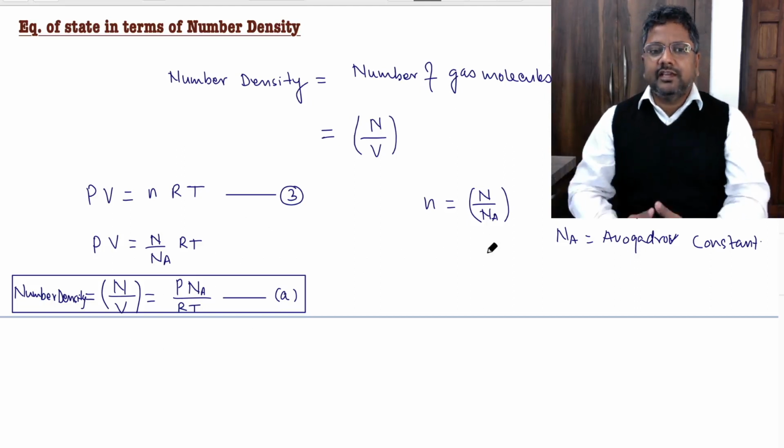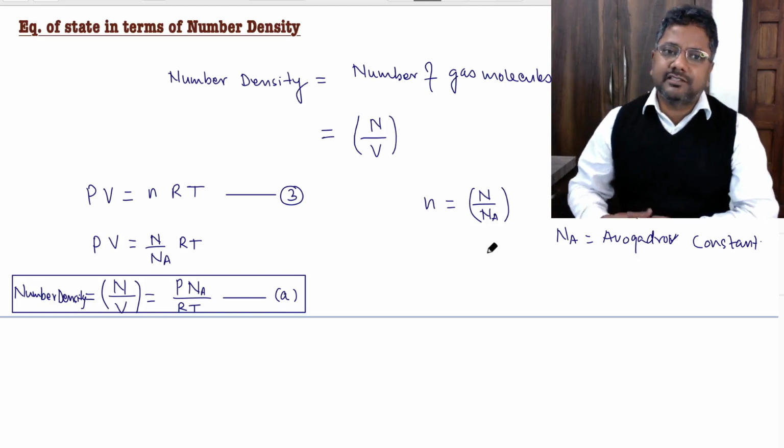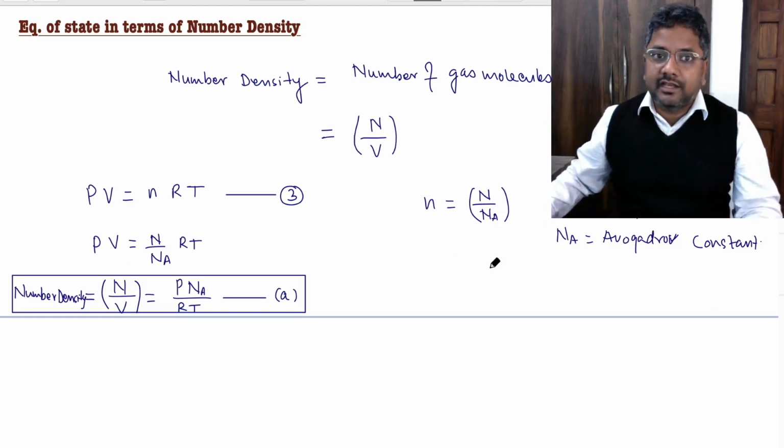So in this way we have various forms of this equation of state, when and where and how we can use.